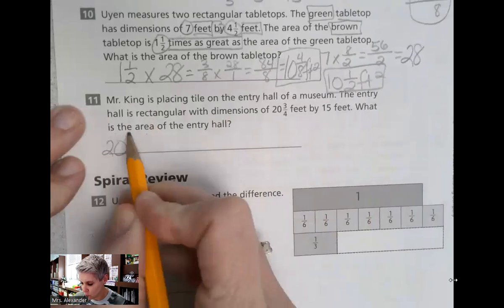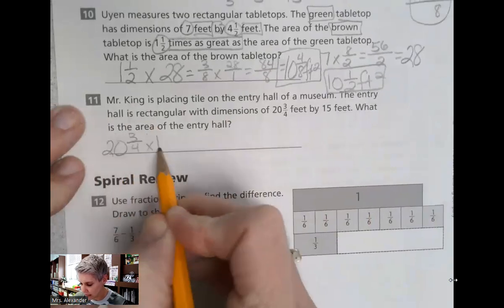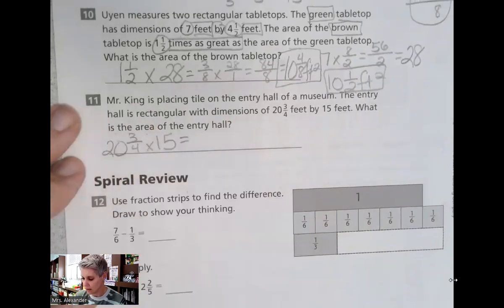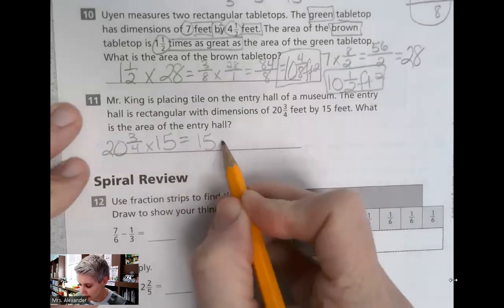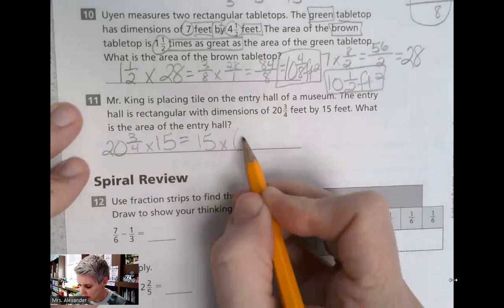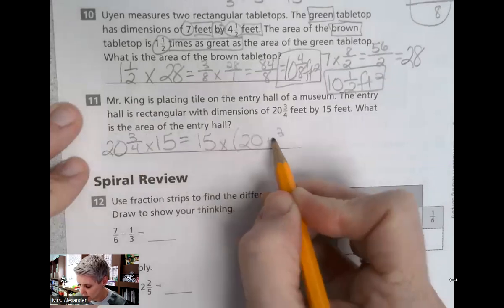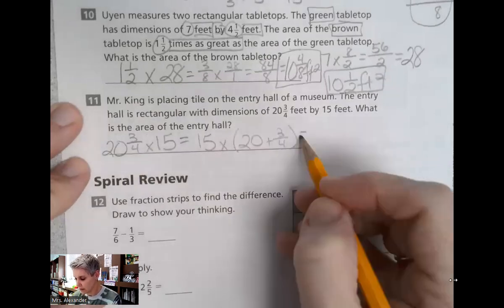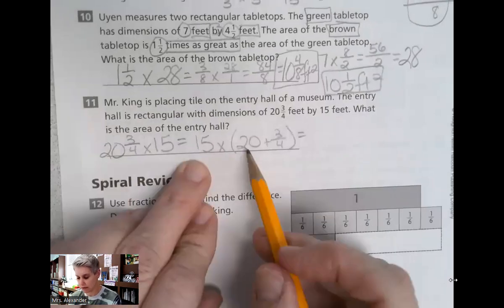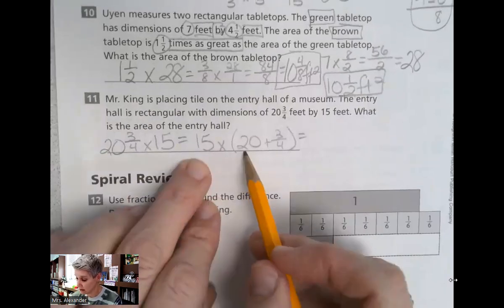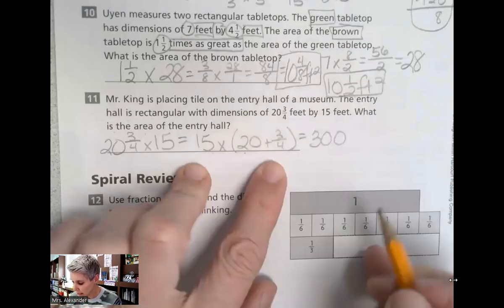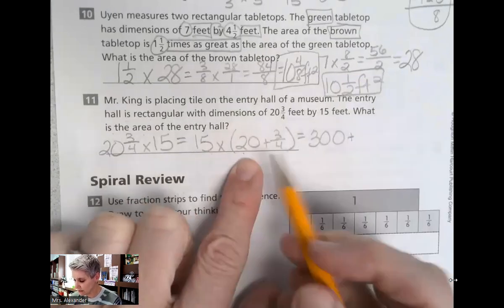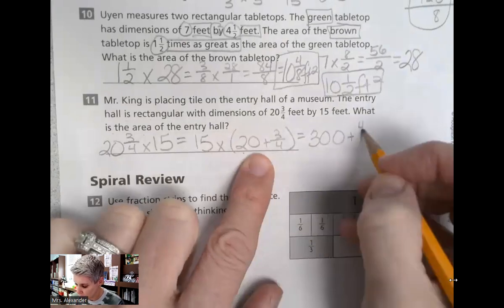20 3/4 by 15 equals. I'm going to do this. Distributive property. 15 times 20 3/4. So 15 times 20. 15 times 2 is 30, and I have another 0. Plus 15 times 3/4 would be 45/4.